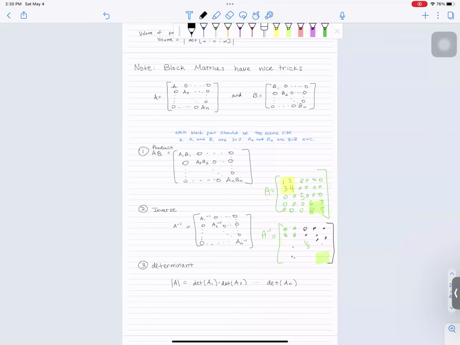So work is like the dot product of your vector field with your path. It's saying, is your path going in the same direction as your vector field? If it is, that's positive work being done. If your path is going in the opposite direction of your vector field, that's negative work being done.